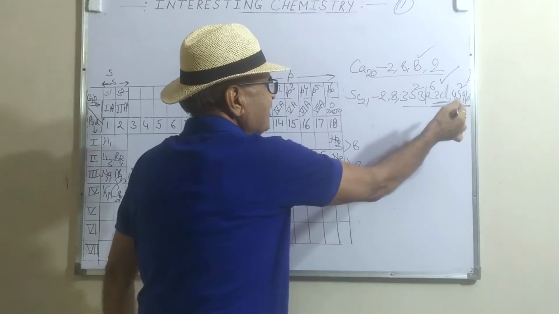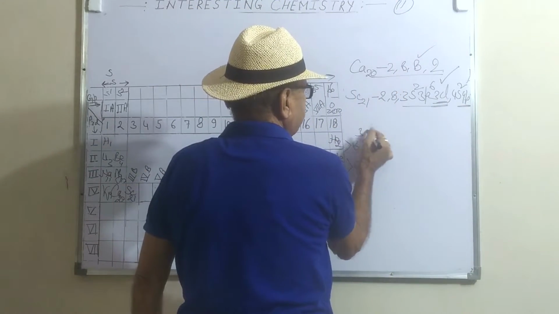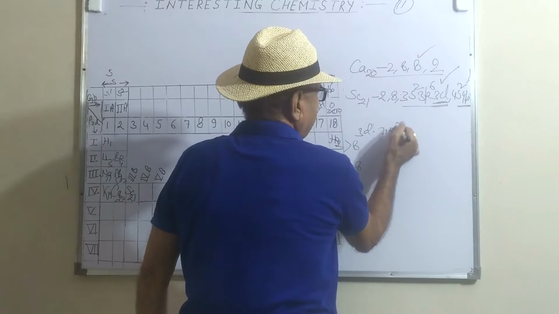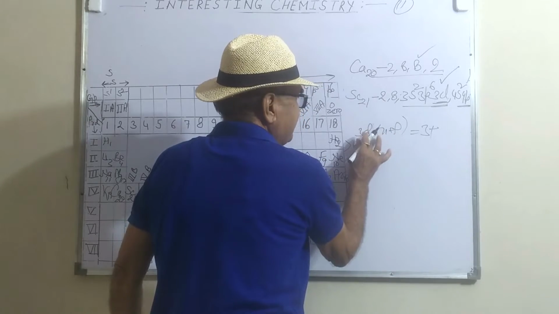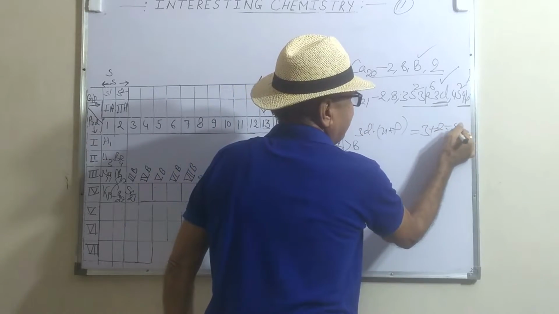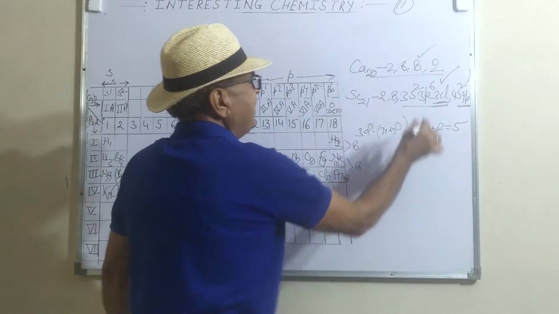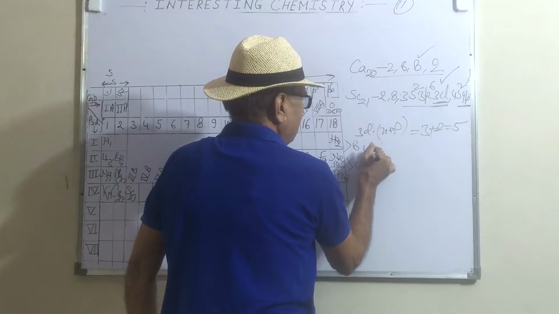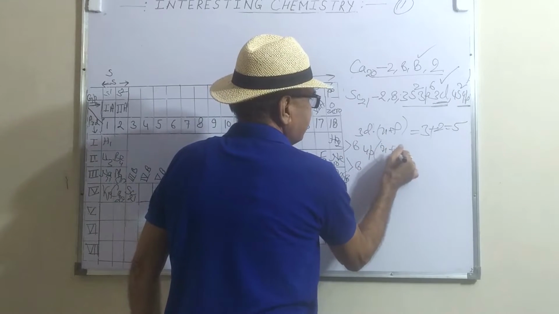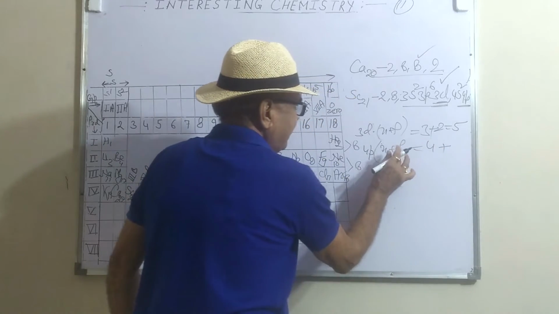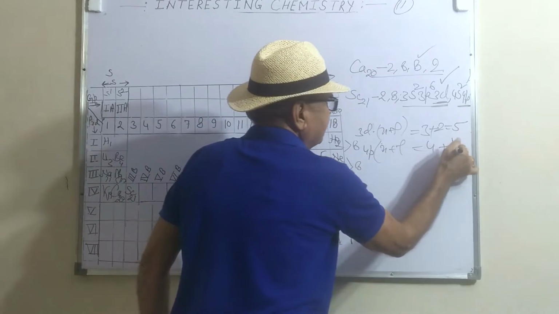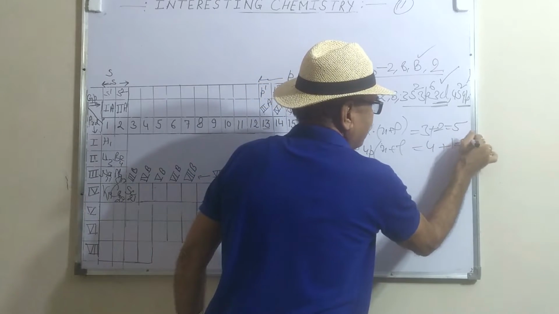So here, calculate the n plus l. For 3d, n plus l, here 3 and d is 2, so here you can write 5. And for 4p, the n plus l value, you will write here 4, and the value of l for p is 1, so here again 5.